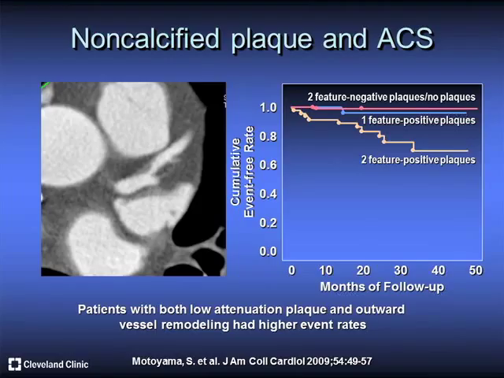Now, as I told you earlier, CT is not just about stenosis, it also has the ability to look at plaque. This is a population of people with suspected ACS, acute coronary syndrome. What they showed was that if you had an outwardly remodeling plaque as well as low attenuation, non-calcified plaque, if you had both these features, your outcomes were worse than having no features.